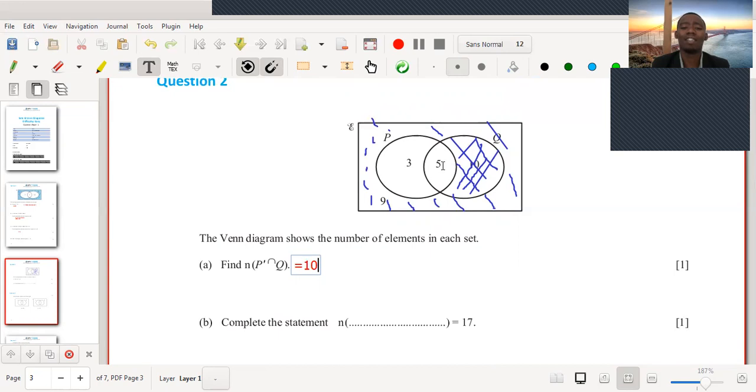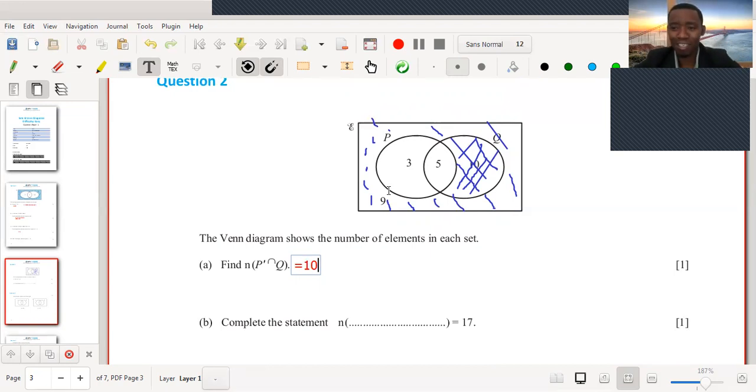It's 8. And 8 plus 9 is what? 8 plus 9 is 17.